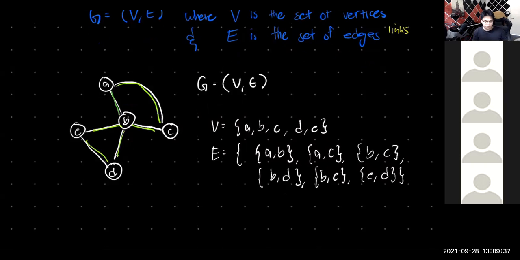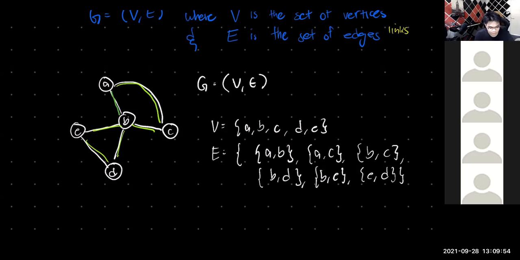We have our vertices A, B, C, D, and E, and our edges. Now for an undirected graph, and do note that this is an undirected graph, the ordering of how we define the edges does not really matter.